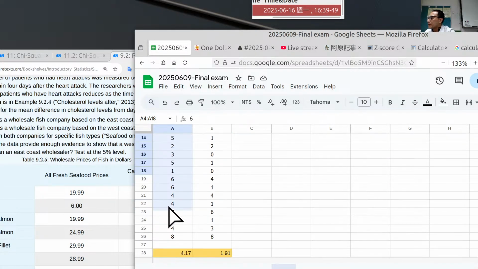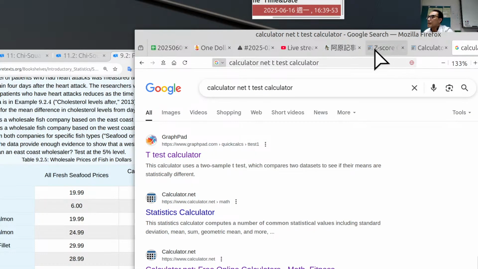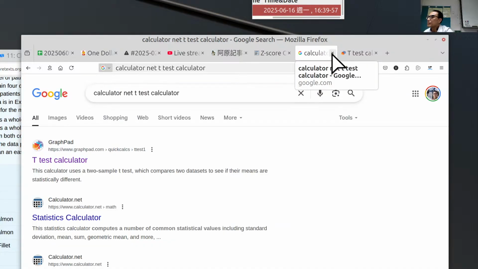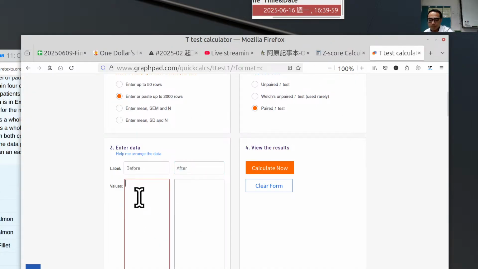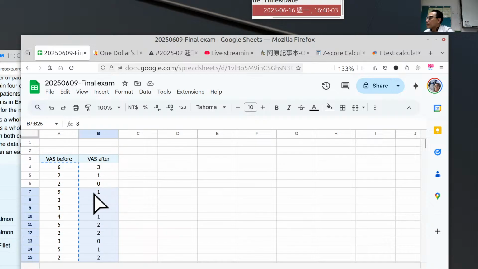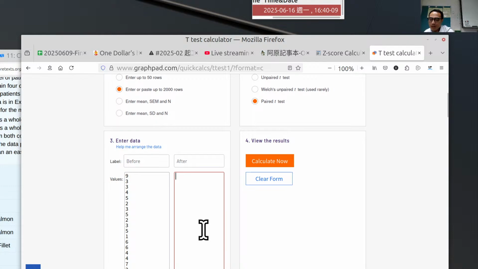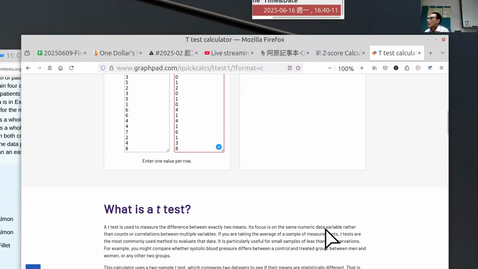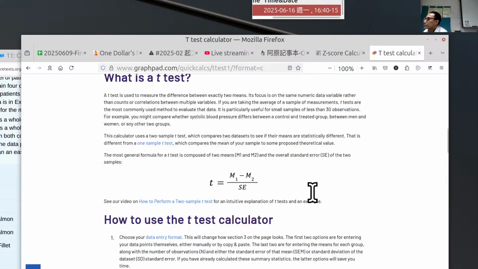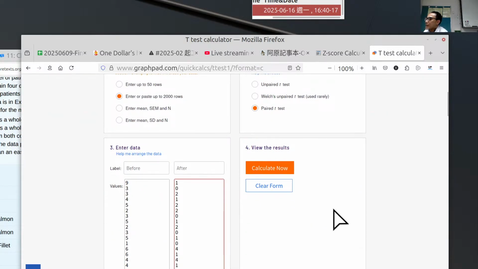Before and after. Copy, paste. And copy, and paste. Okay, and calculate now.